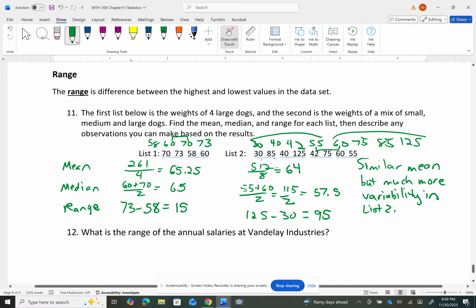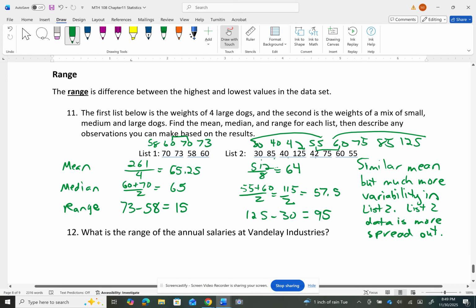The list 2 data is more spread out. Just looking at the mean, you wouldn't have a sense of that. You would almost have to have seen the raw data or known what the range would be to tell how spread out those data values were.